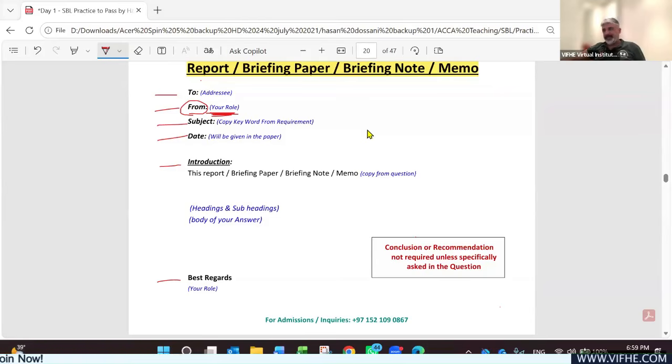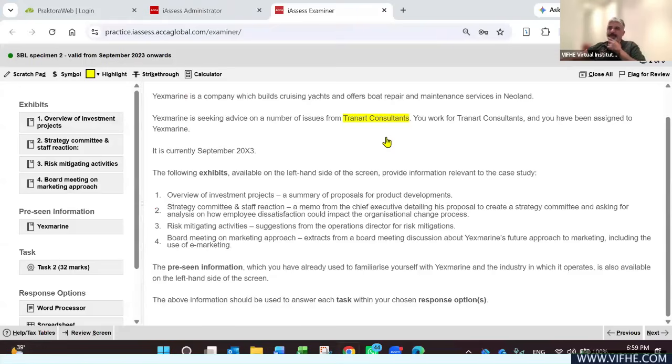So, for example, the paper which we opened, what is our role here in this paper? We are trainer consultant. This one. Your role you will write as trainer consultants. Is that clear? Azhar?